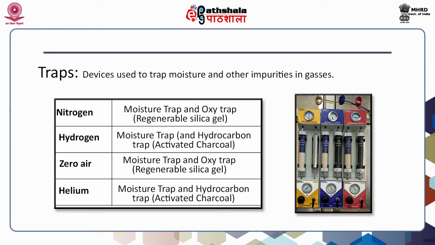For zero air, there is also a moisture trap which can again be regenerable silica gel, and for helium we can have a moisture trap and hydrocarbon trap which can be activated charcoal. So, once we make use of these traps, then we are doubly assured that the gas which is passing through the gas liquid chromatograph machine is very pure, and that will improve the efficiency of our analysis.